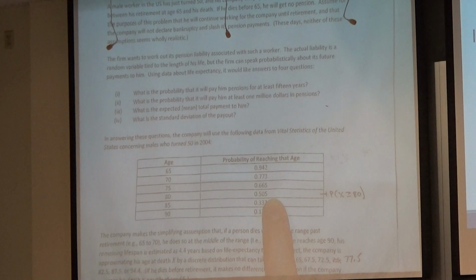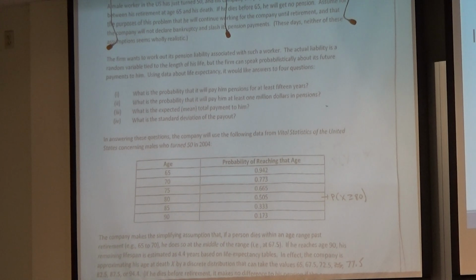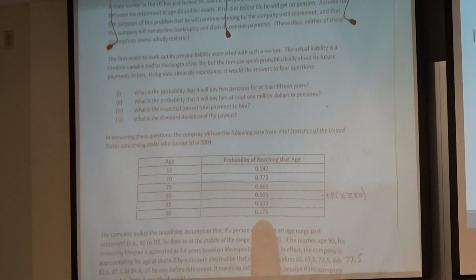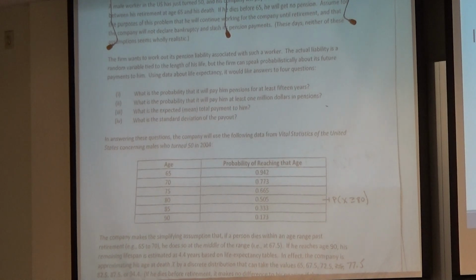For that one, I do find it a little more convenient to think in terms of the probability mass function. I'm paying out $40,000 a year, so $1 million divided by 40,000, I have to live for 25 more years. So that means I have to live to age 90. And for age 90, it gave me this probability of 0.173.